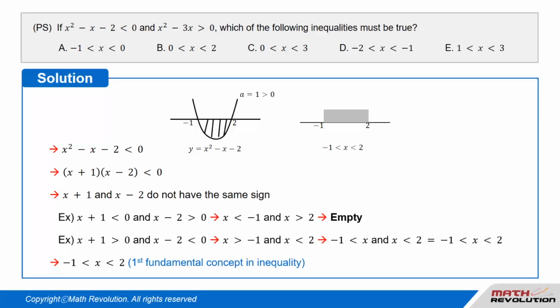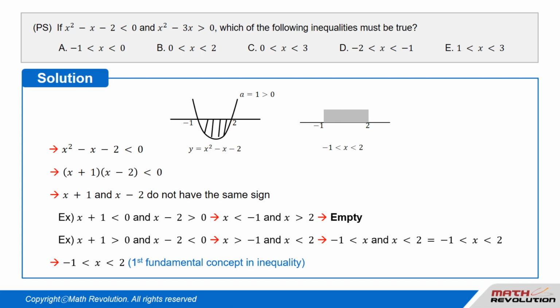That is, x plus 1 is smaller than 0 and x minus 2 is greater than 0, or x plus 1 is greater than 0 and x minus 2 is smaller than 0.